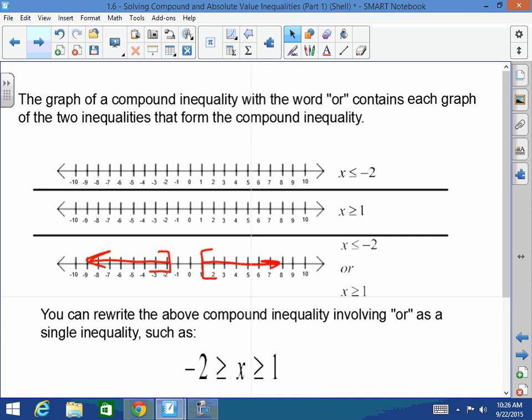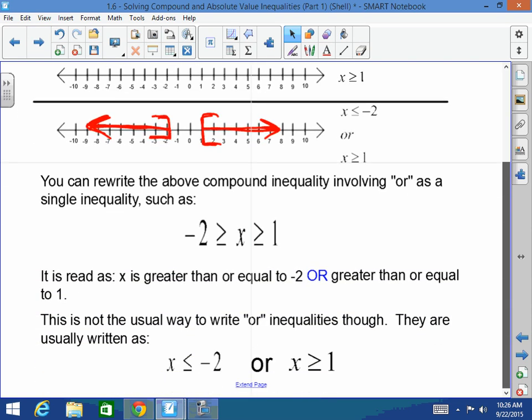I am saying that the x values can be less than or equal to negative 2, or the x values can be greater than or equal to 1. And that's how an or inequality is going to look.